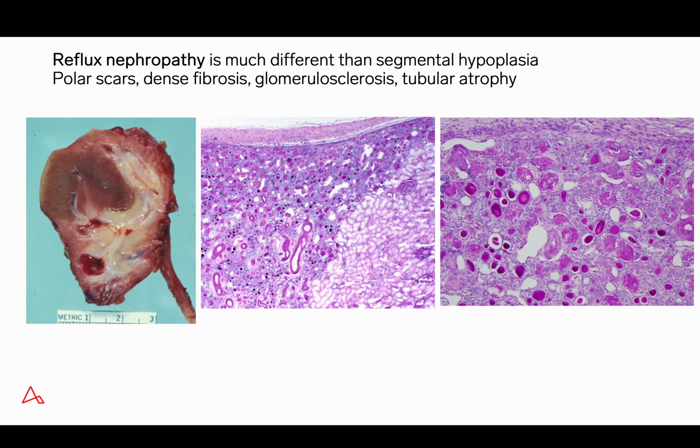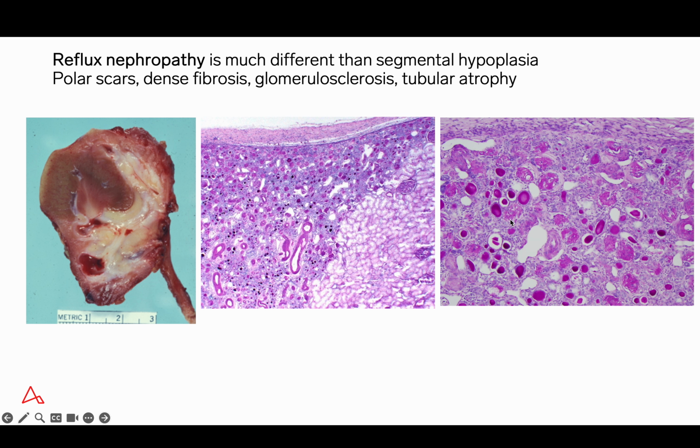For those that would like to wrap segmental hypoplasia into reflux nephropathy as we understand it, this is an example of a typical reflux nephropathy gross, where we have the polar scars, the typical location of scars in reflux nephropathy. And if you look at the scars, they are truly scars, although they are sharply delineated from the adjacent normal lobes.